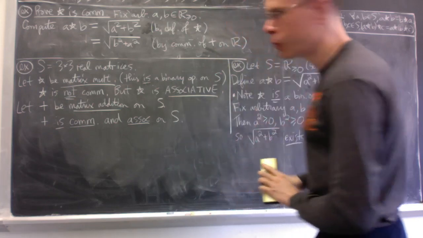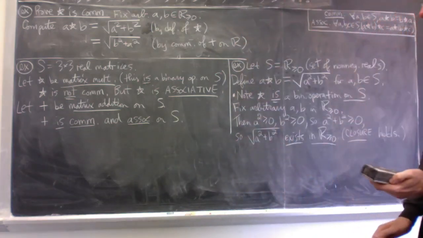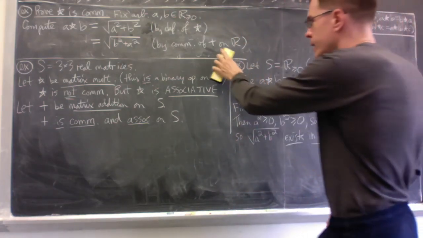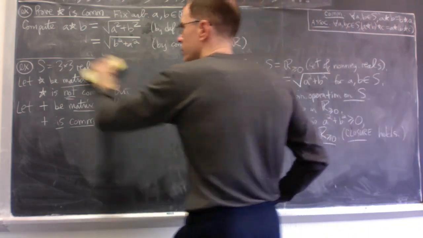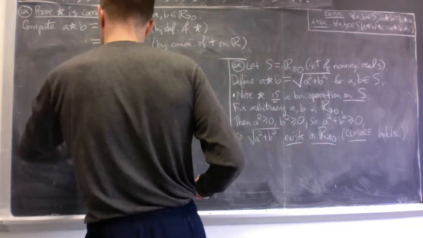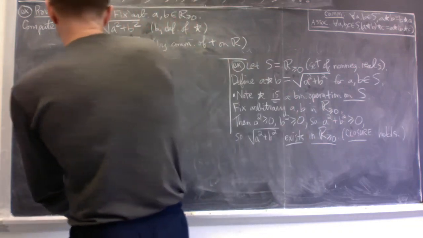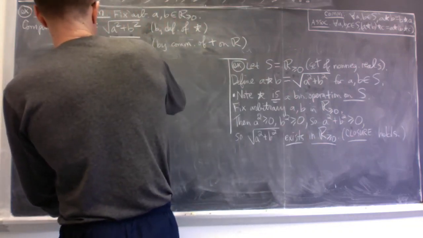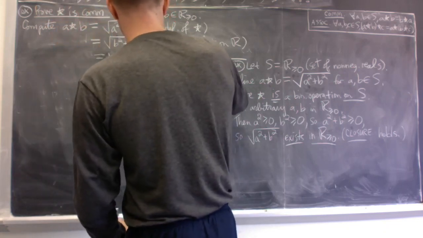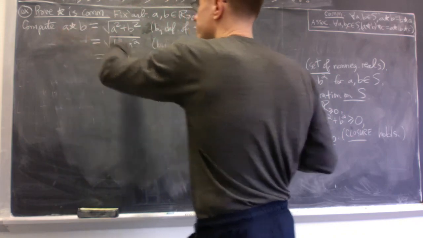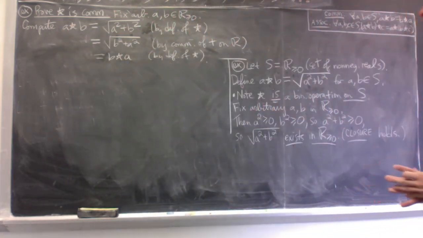And plus is already known to be commutative. We'll assume all those arithmetical operations, we already know that. So I can switch the order inside the square root. All right, but then I get that's B star A by definition of star. So A star B is equal to B star A.